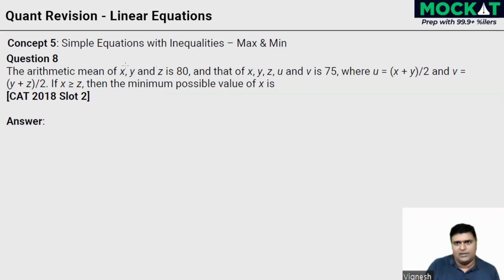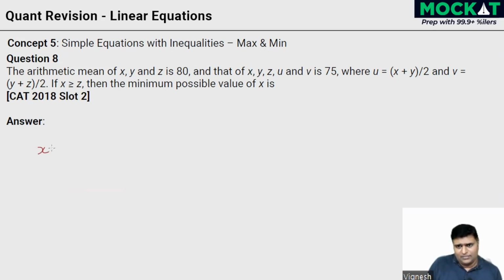Let's see how. The moment I know arithmetic mean is this, then what is the total going to be? Total is going to be average into number of terms, 80 into number of terms 3, right? So instead of writing (x plus y plus z) by 3 equals 80, and then writing the next step x plus y plus z equals 240, don't waste time with all of that.